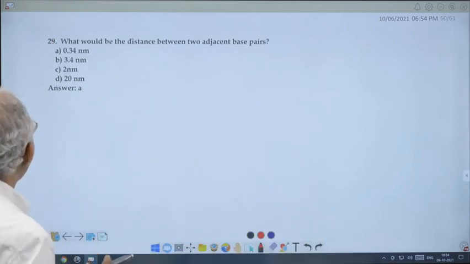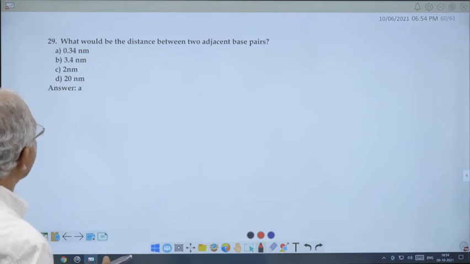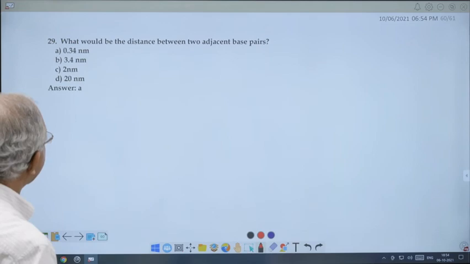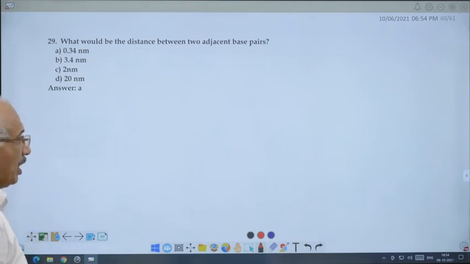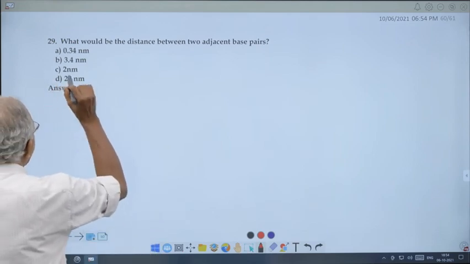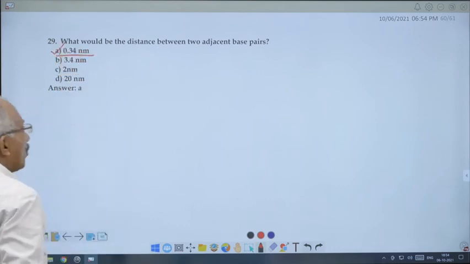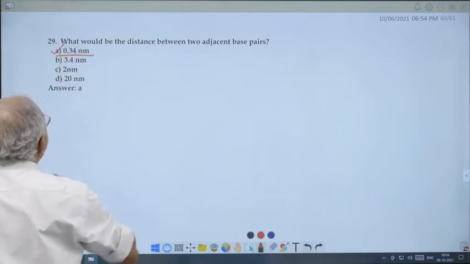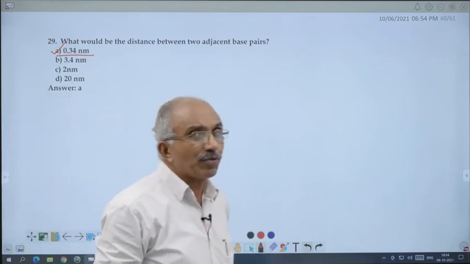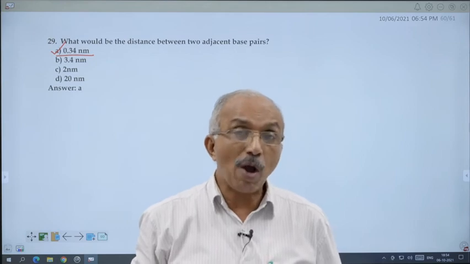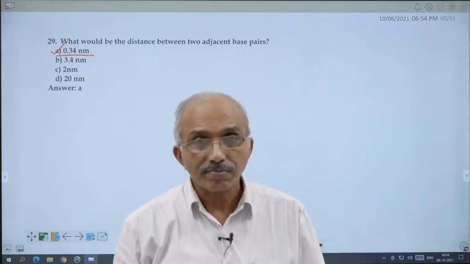Question 29. What would be the distance between two adjacent base pairs? The distance is 0.34 nanometer or 3.4 angstrom. What is a nanometer?